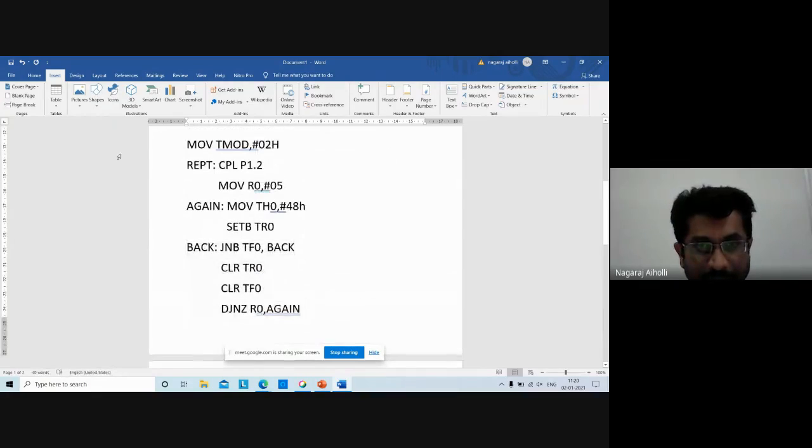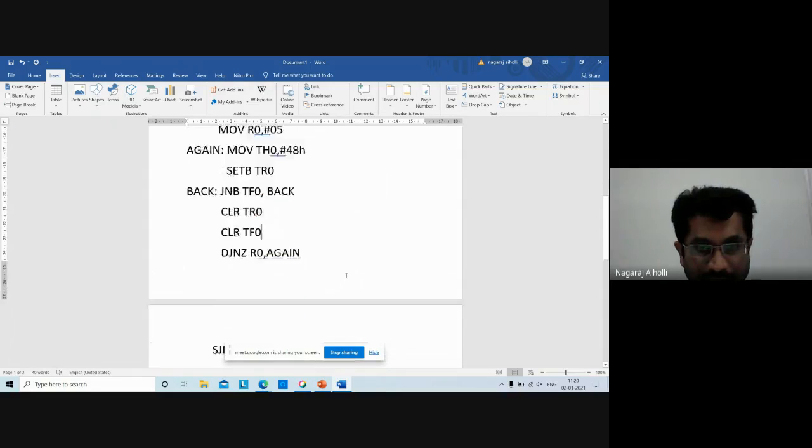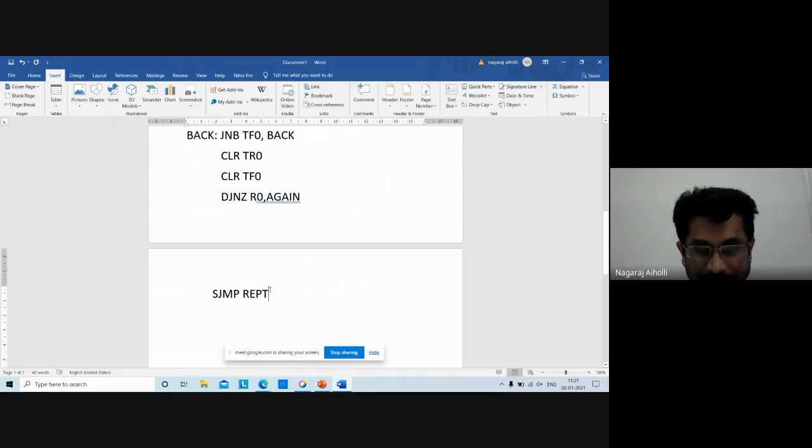Then again next time repeat means it will come here. Complement P1.2 means from 1 it will become 0. Then again there is a delay given by this timer, so it will remain low for this much period, given by the timer. Then we have to stop the timing operation. We are using the instruction END to stop the timing operation.